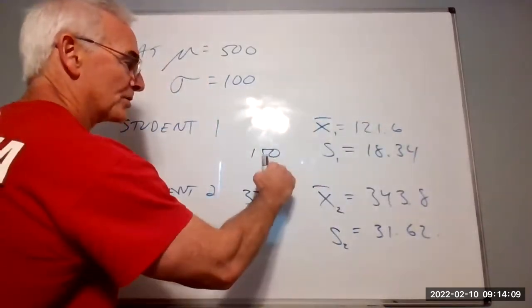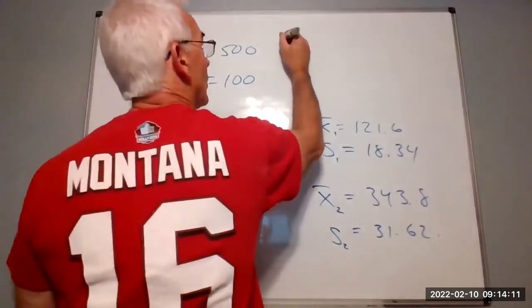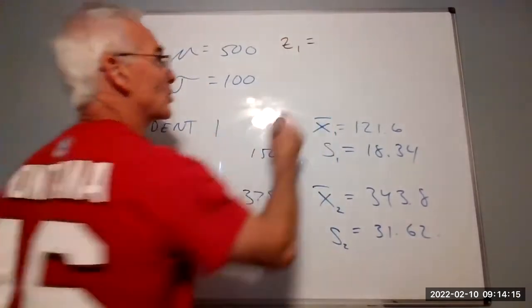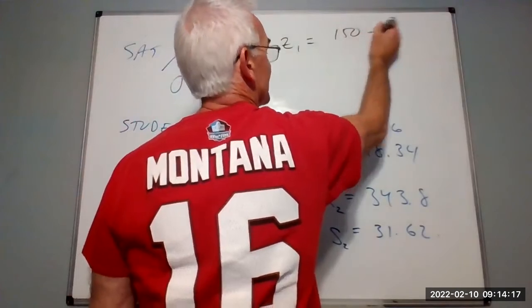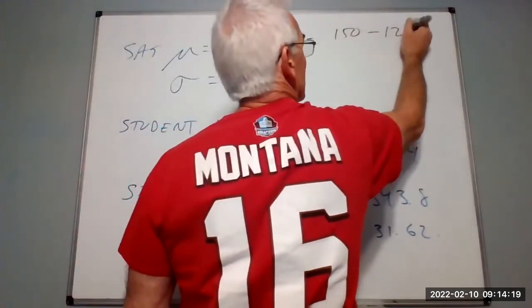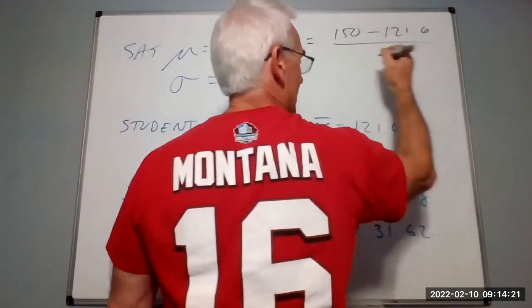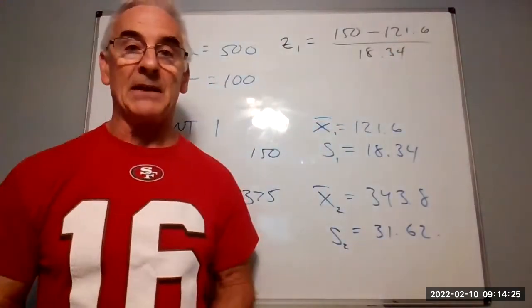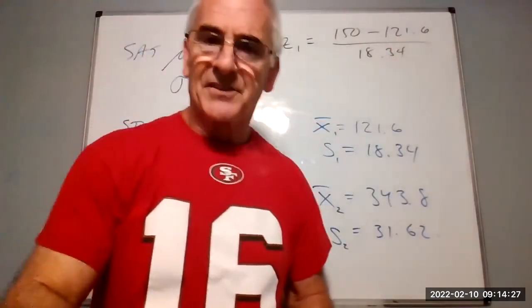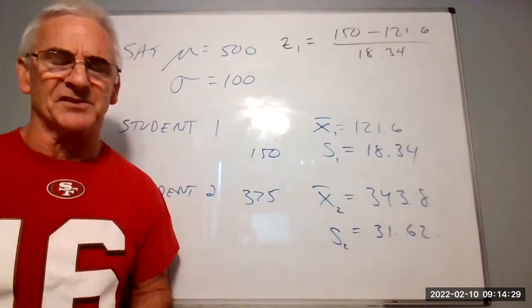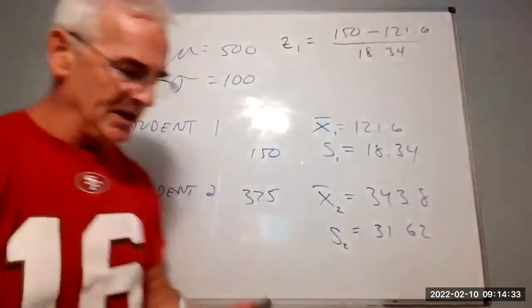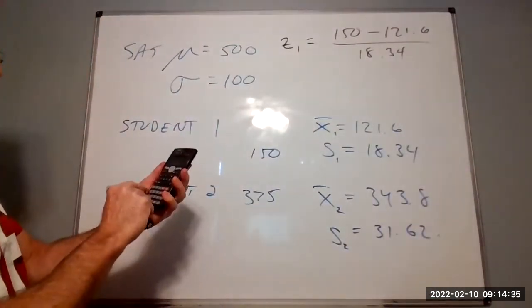So let's do person number one's z-score. We'll call it z1. So how do I calculate z1? I take their score, I subtract the mean, and I divide it by the standard deviation. That's simple. Okay, so let's all do that. The rule of thumb usually on a z-score is 2 decimals.